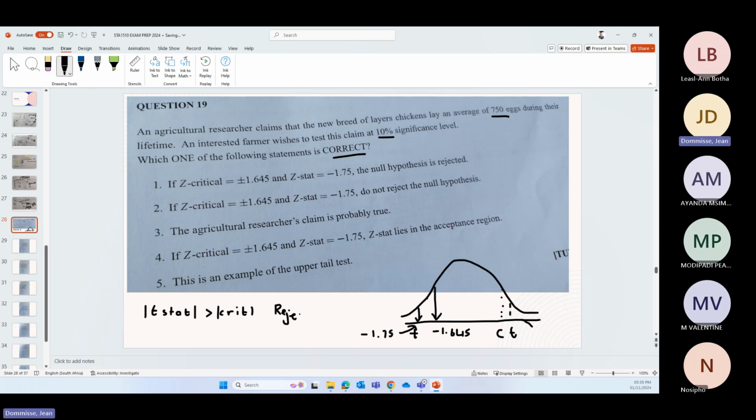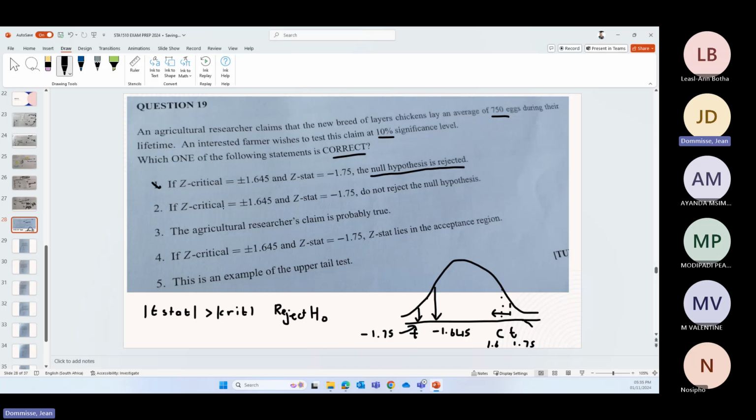So let's write it as that. The T stat is 1,75. The critical is 1,645. So we will reject the null hypothesis. The null hypothesis is rejected. So that is correct.